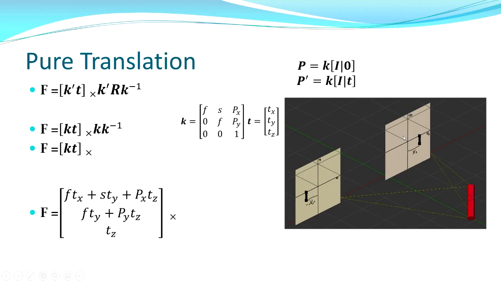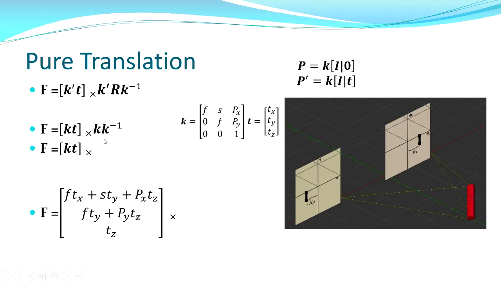You place the camera over here, click the photo, then translate the camera, place it over here and click the photo. That can be one case. Like this, we can now modify this equation according to these things over here. So we see that K dash is just K over here, and this R becomes I, so hence there is no R over here because that has become I, which can just go away.